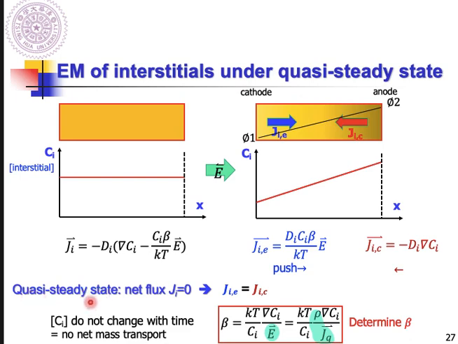That means during your measurement, for example, your experiment will probably take one day. Then I measure the concentration profile of this interstitial at 12 hours, and then I also measure it at 24 hours, and I find that the concentration profile did not change a lot. Under this situation, I can assume the system has already reached the quasi steady state.